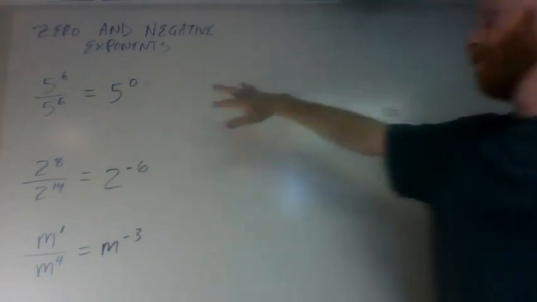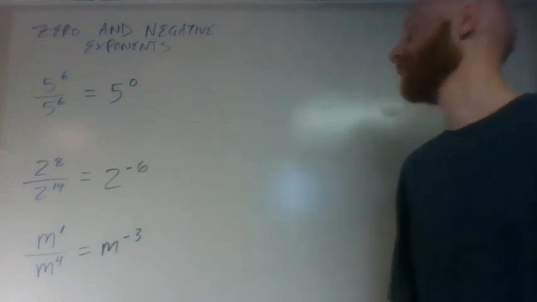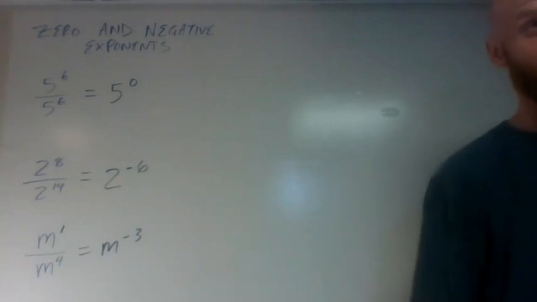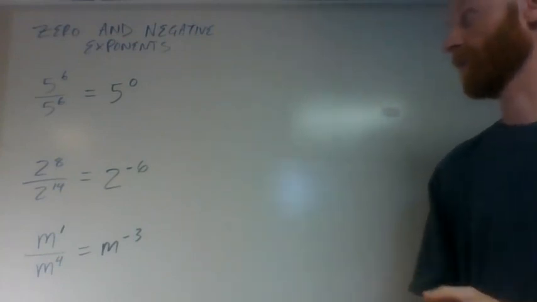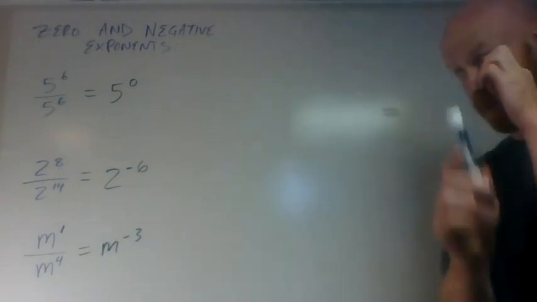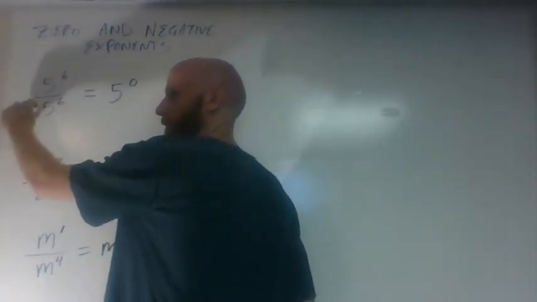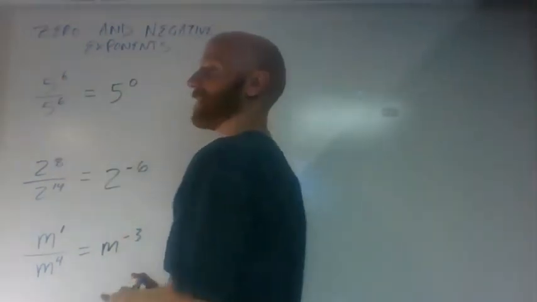Okay? Now, two different rules, right? 5 to the 0. You are going to be tempted to say that the answer to this is 0, and you're going to be wrong if you do that. This is one of the number one mistakes that I have students make with this topic, right? 5 to the 0 is not 0. Let's think about what it is. I'm dividing a number by itself, okay? Resulting in an exponent of 0 means I've divided something by itself.